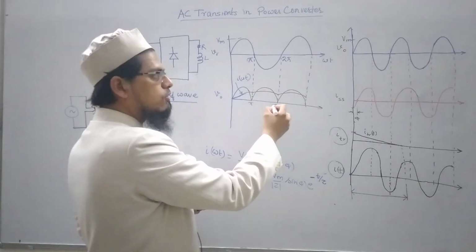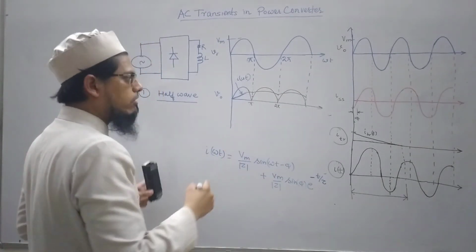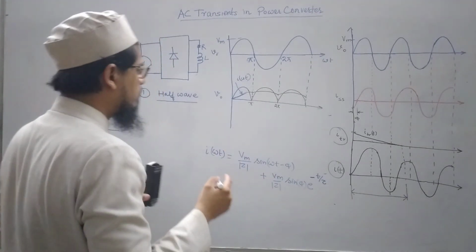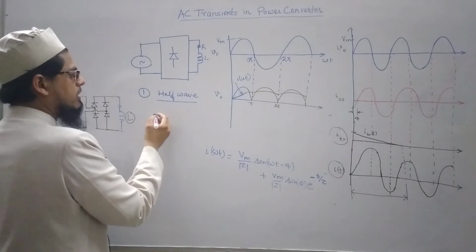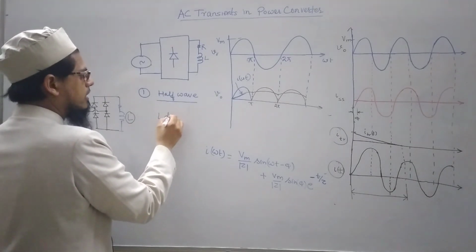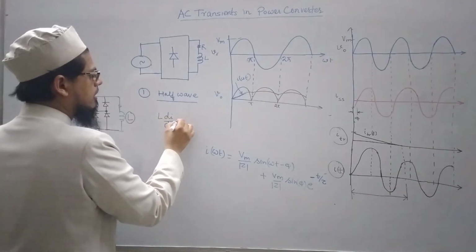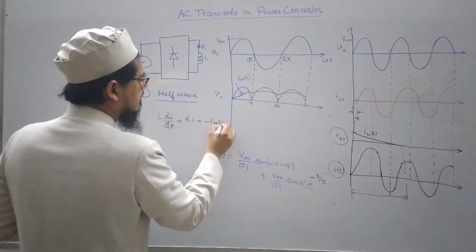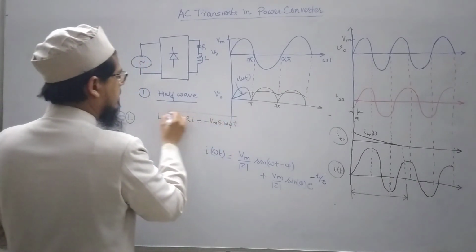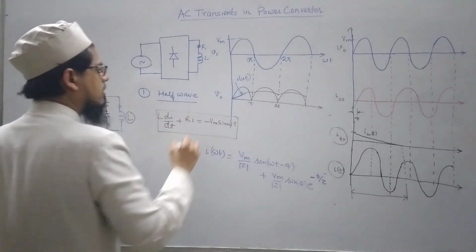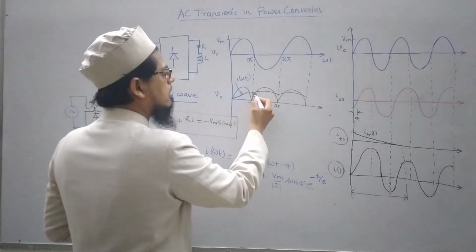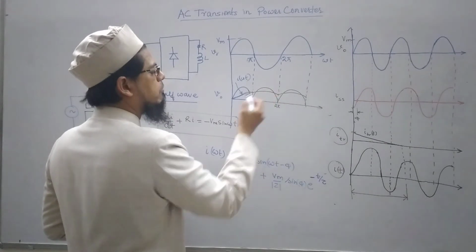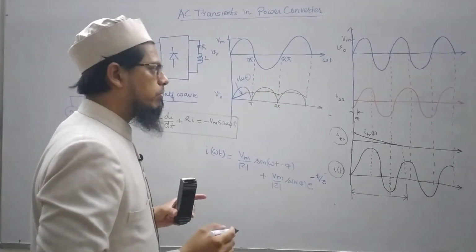In order to solve the equation, we have to write down the expression as L di by dt plus Ri equals minus Vm sine omega t. This would be our starting equation to determine the waveform of the current flowing between pi and 2 pi.